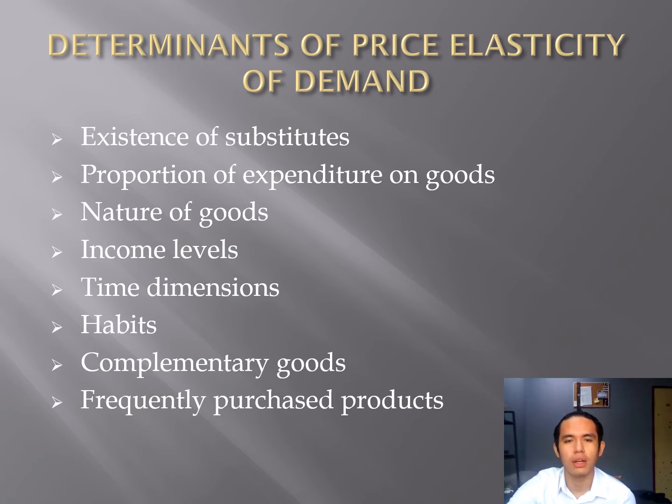And then habits. For example, cigarette smokers and alcoholics will have inelastic demand for these goods. Then complementary goods. Goods that have joint demand are inelastic. Lastly, frequently purchased products. Products which are purchased more frequently, such as coffee and sugar, will tend to have inelastic demand.